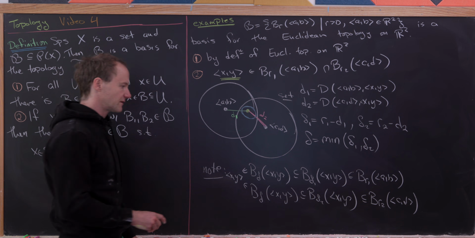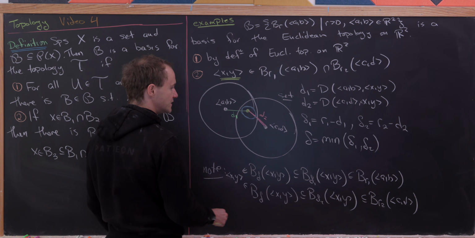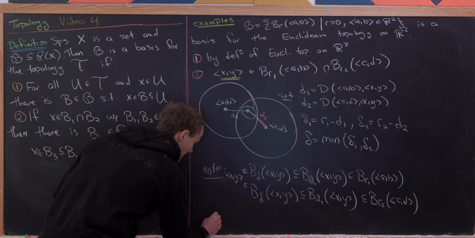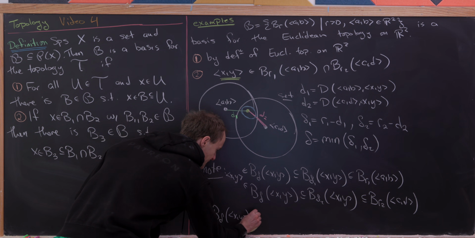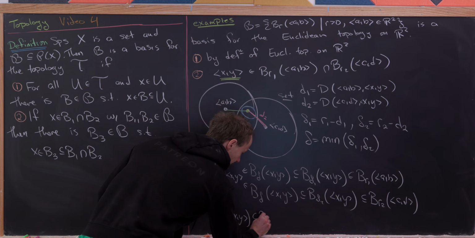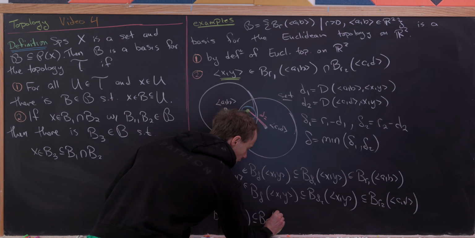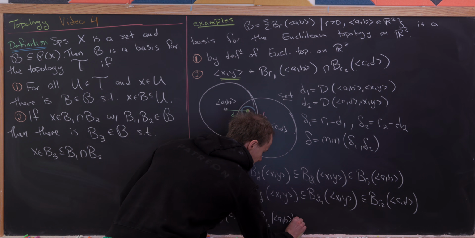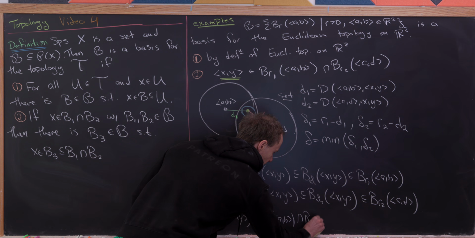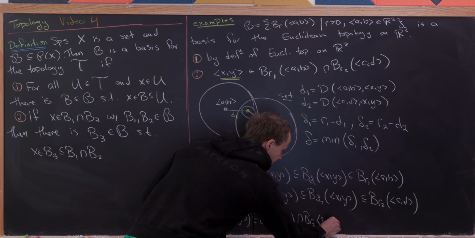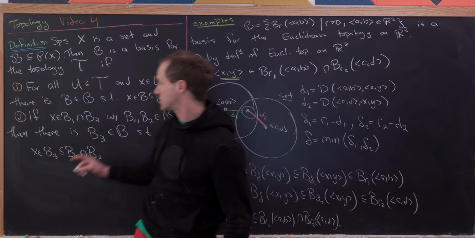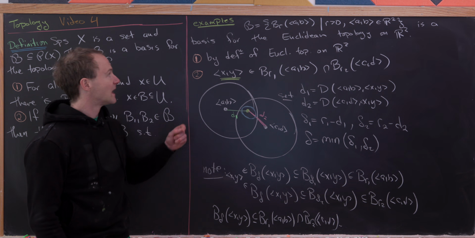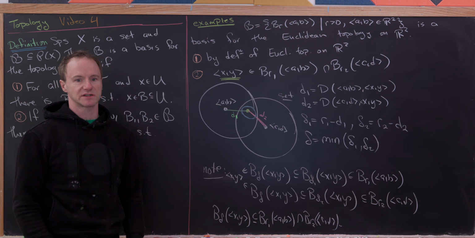But let's observe that since we've got these two subset relationships, that means that the ball of radius delta centered at xy is indeed a subset of the ball of radius R1 centered at AB intersected with the ball of radius R2 centered at CD. But that's exactly what we need for this second condition over here to be satisfied. And thus we indeed have a basis for our topology.